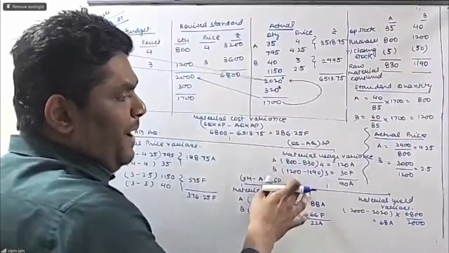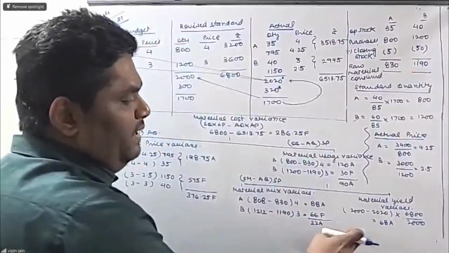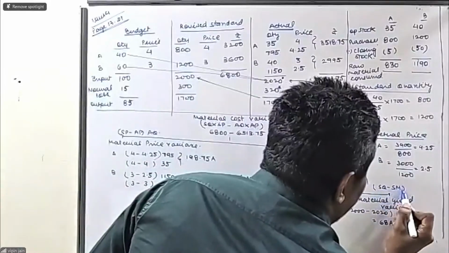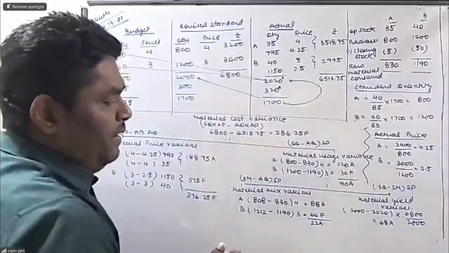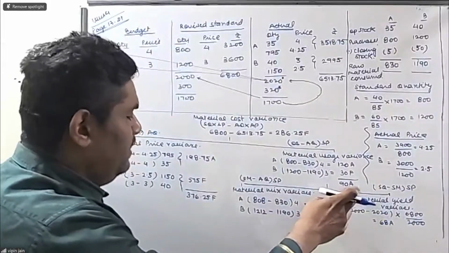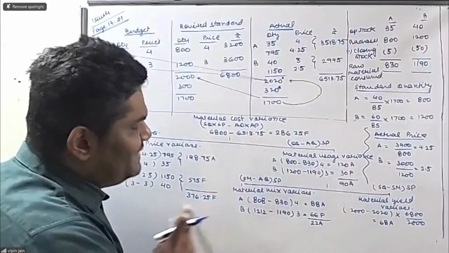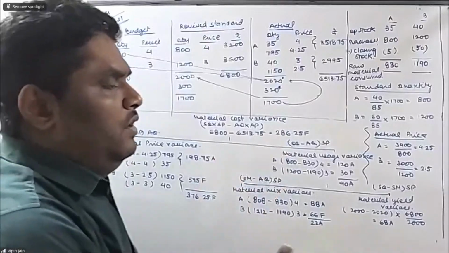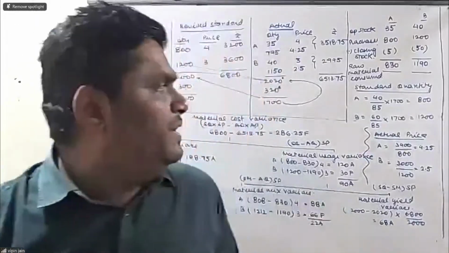So the two parts of usage variance, mix and yield: this is standard quantity minus standard mix into standard price. So 22 adverse and 68 adverse, the total will be 90. 90 adverse and 376.25 favorable, the total will be 286.25. So this is the way you have to present the solution.